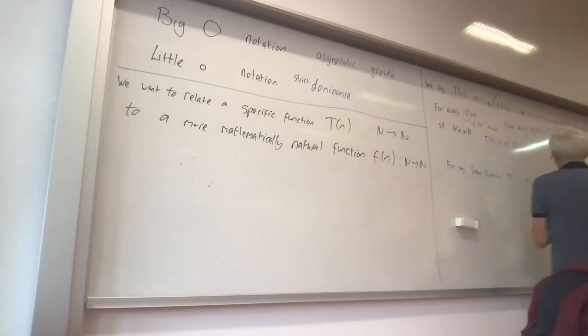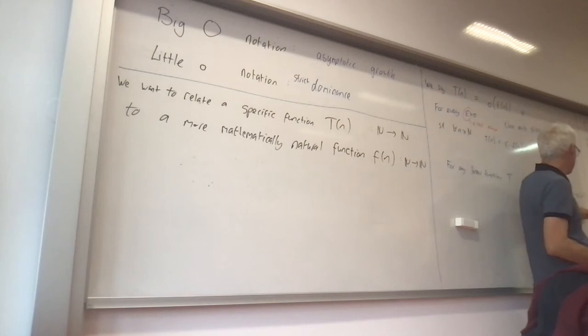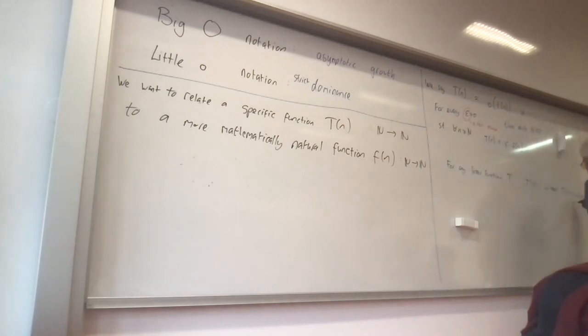But we do have that T of n is strictly dominated by, for example, n squared. This is little o.